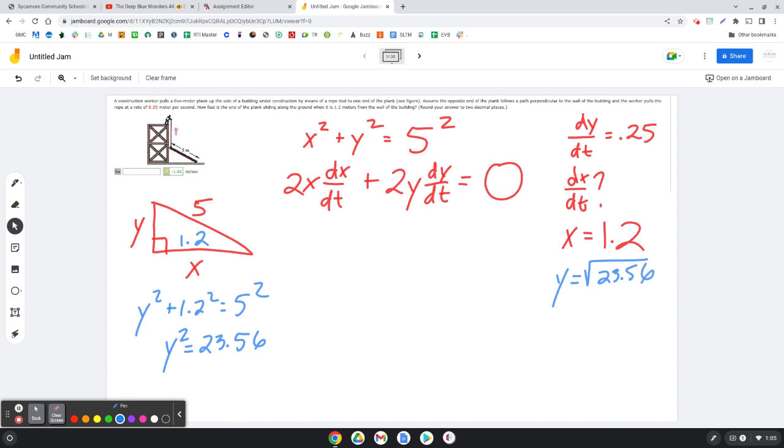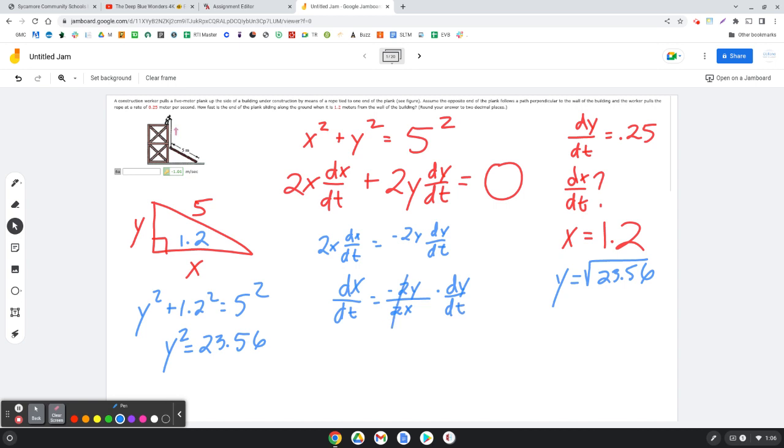So here we go. We're trying to find dx/dt. 2x dx/dt is negative 2y dy/dt. Do you agree? So dx/dt is negative 2y divided by 2x times dy/dt.